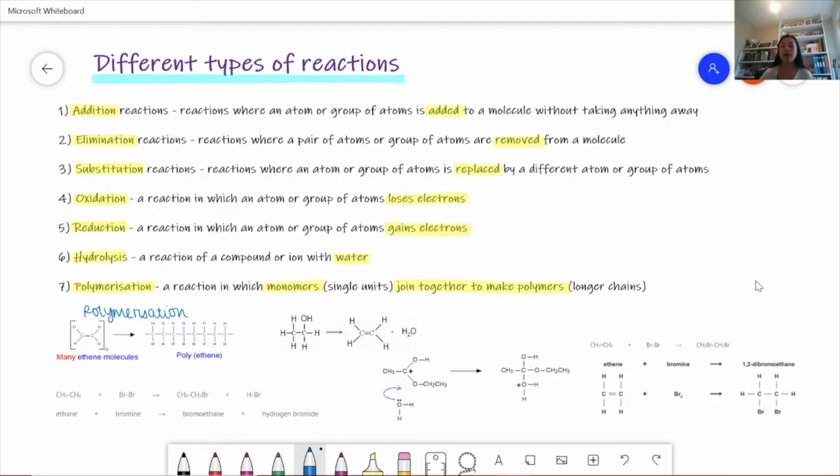And then if we look at the reaction that's happening below that, we have ethane reacting with bromine to form bromoethane and hydrogen bromide. So what's happened is that one of the bromides from the bromine has substituted a hydrogen from a CH3, and so this is a substitution reaction.